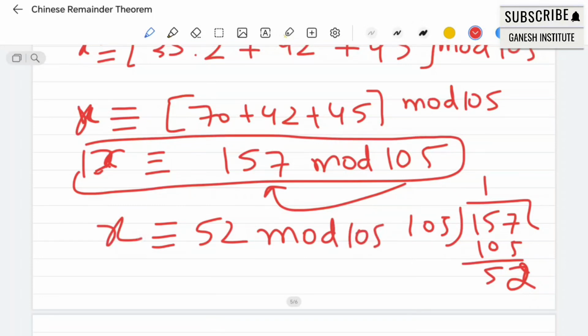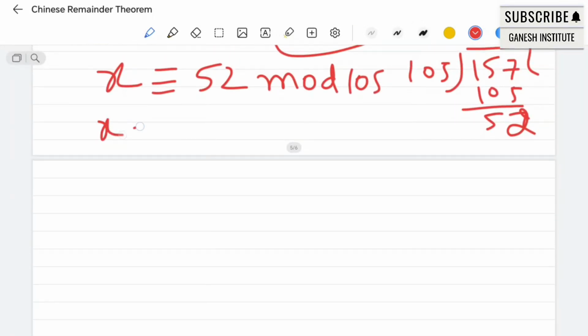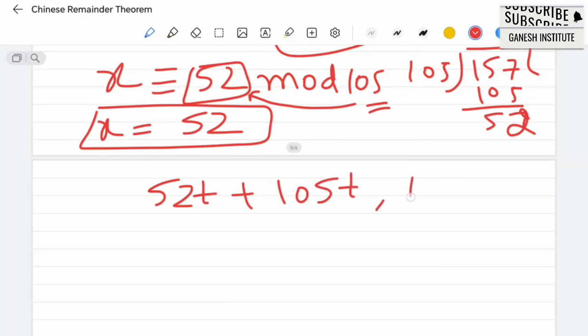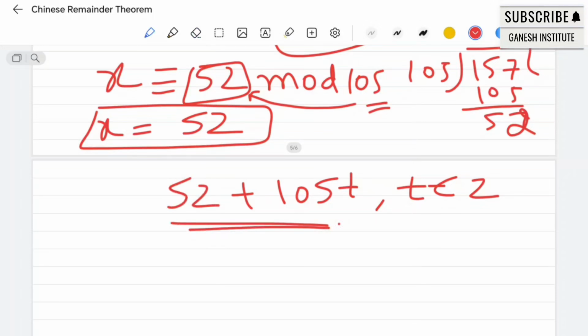Either you can say that the value of x is 52, or you can elaborate it as 52 plus 105t, where t can be any integer.